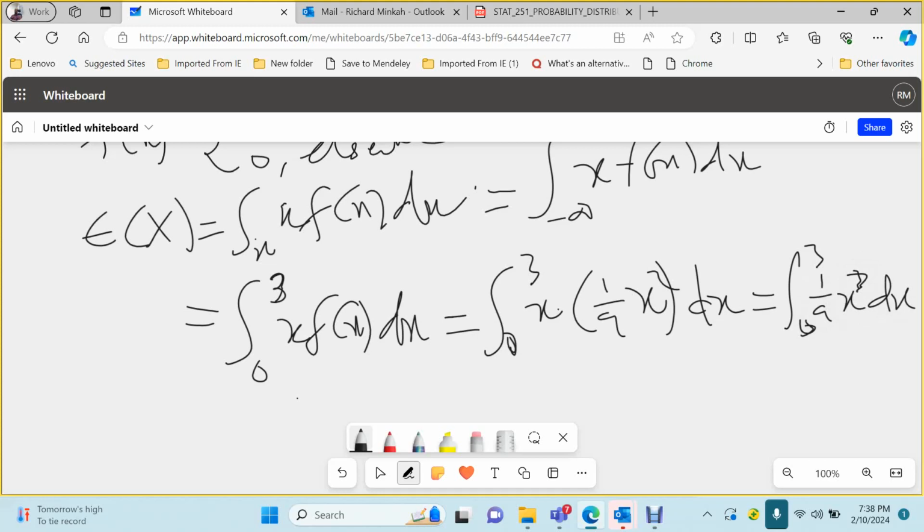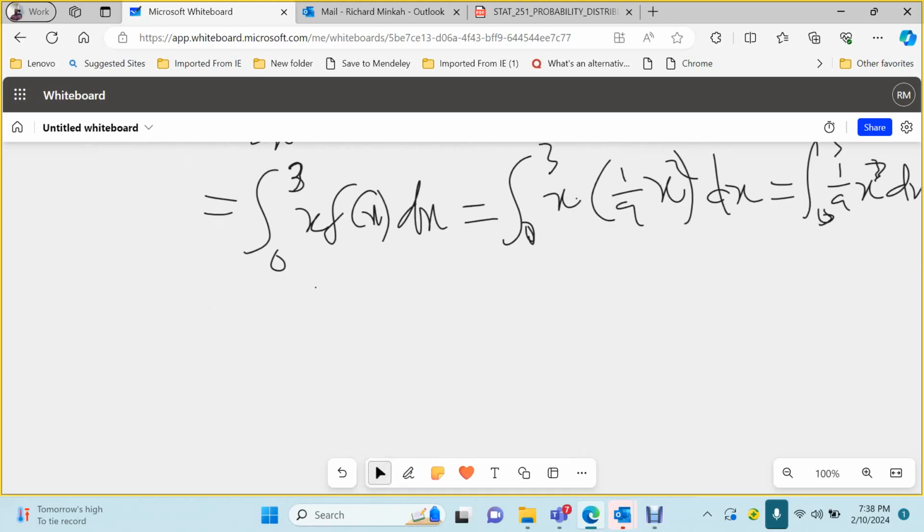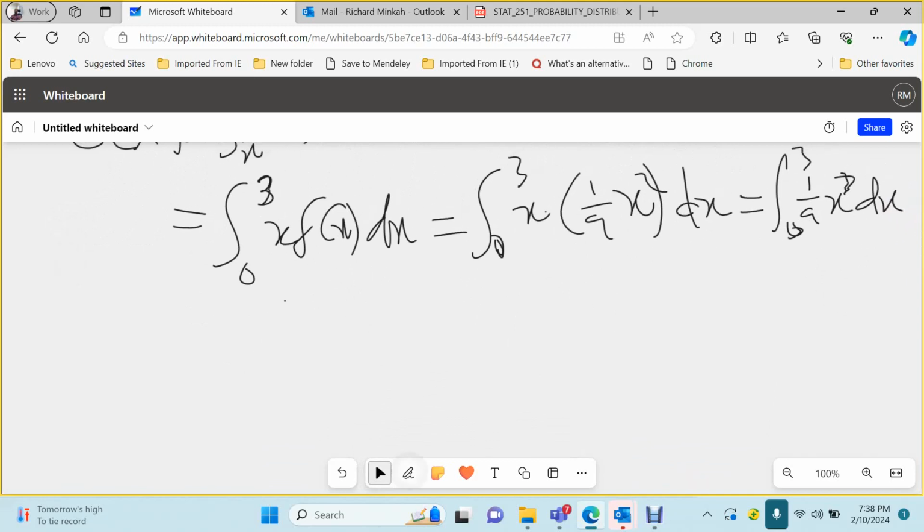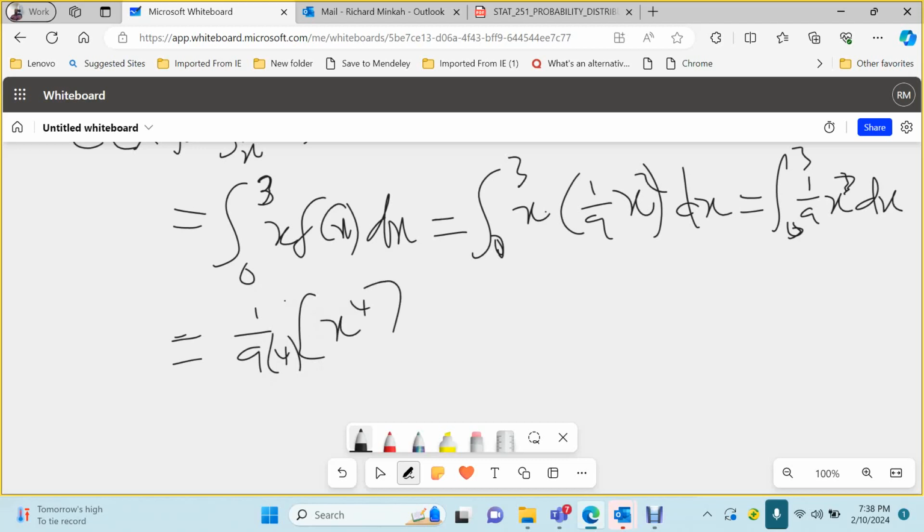If you integrate, what will you get? Can you do so quickly? Provide me with the answer. So you get 1/9, and you integrate that one, you get x to the power 4, over 4, right? The next power, from 0 to 3.